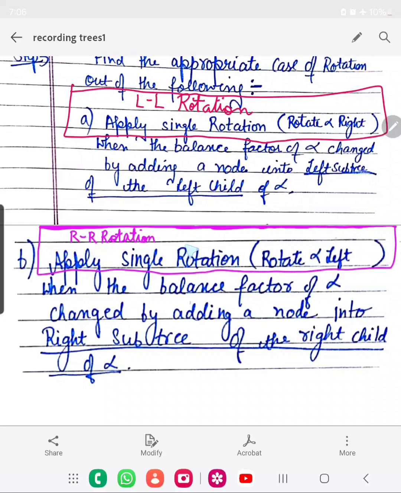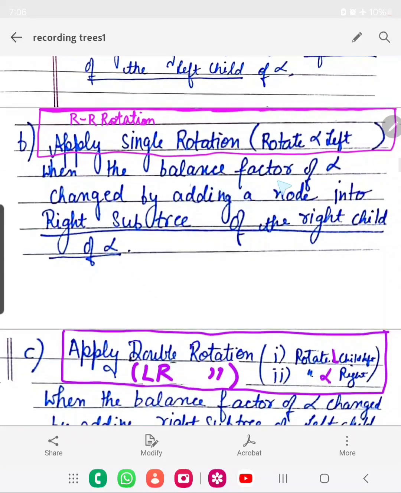RR rotation means the balance factor of alpha is changed when we add a node into the right subtree of the right child of alpha, which means alpha is a node, we have its right child, and the right child's right subtree is the place where we add a new node, and alpha's balance factor gets changed.